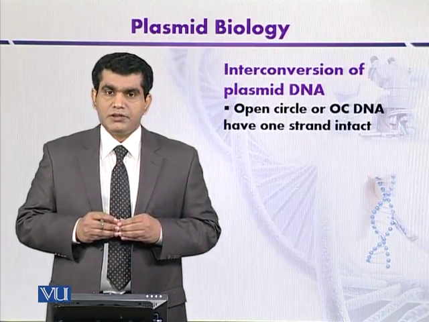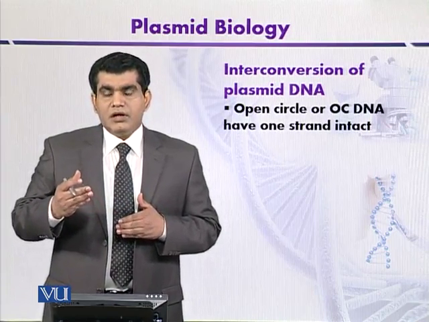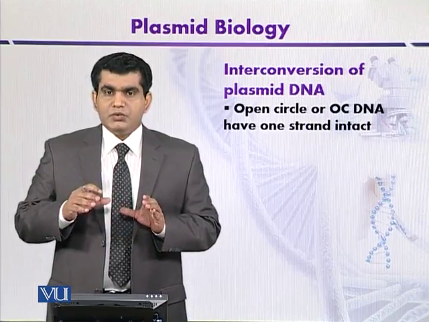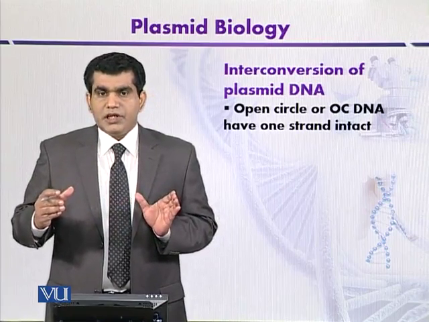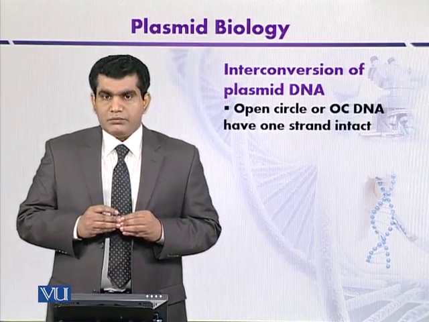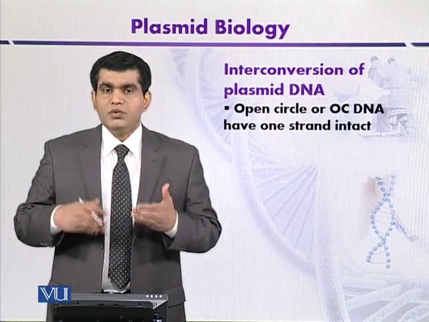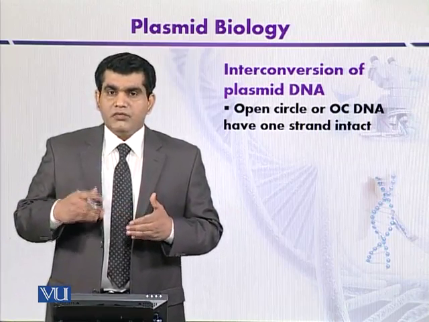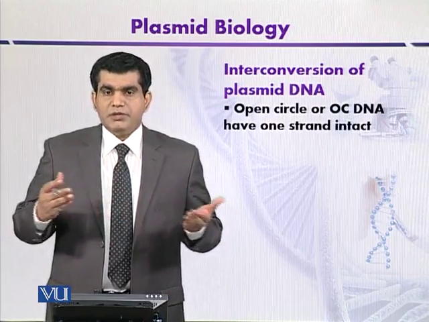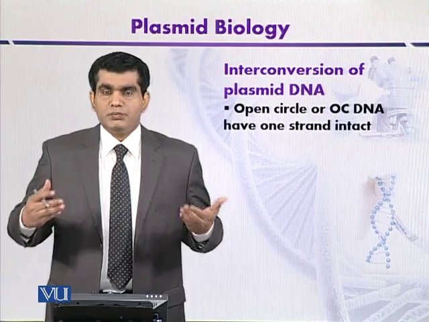In addition to that, if the DNA is converted into covalently closed circle DNA and we want to convert it into supercoiled form, then we can use DNA gyrase. It can again rewind the DNA, but in the opposite direction, that is, it can introduce negative supercoiling.